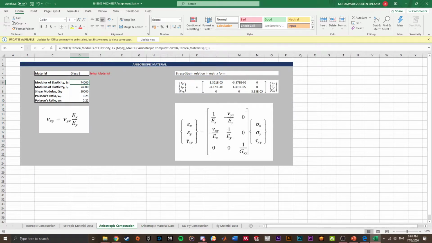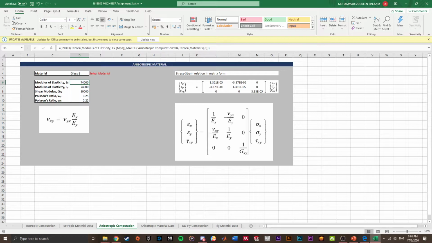About the stress-strain relationship, also same as before, but what is the difference is just in the formula itself, because now we have different models of elasticity in x and y direction. So, I'm sorry.